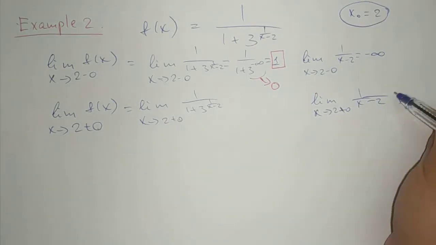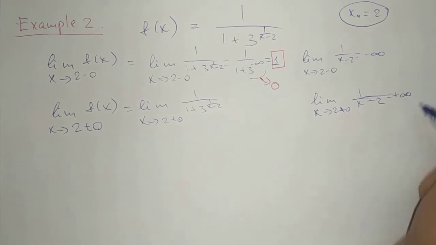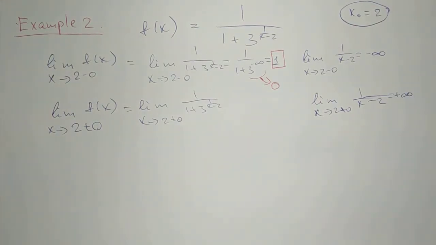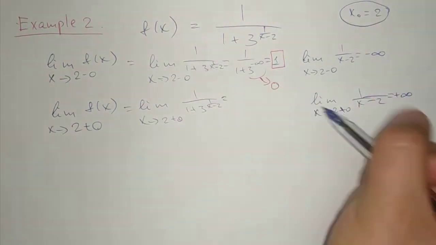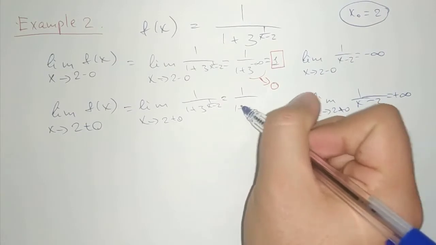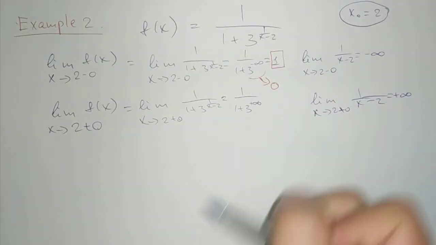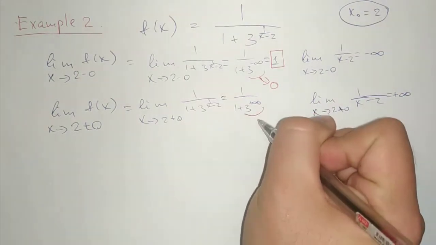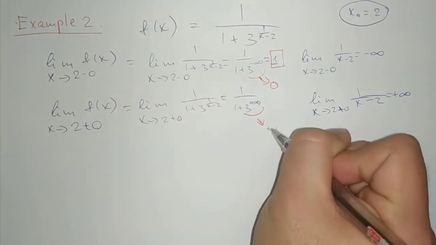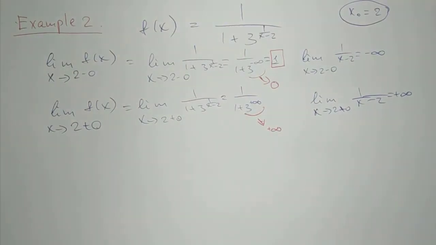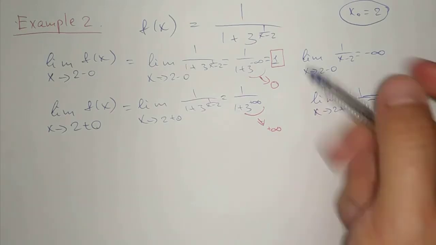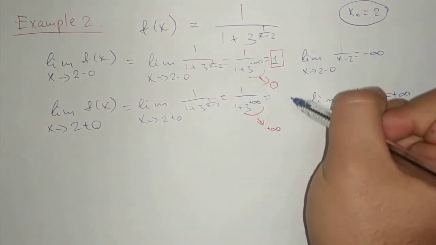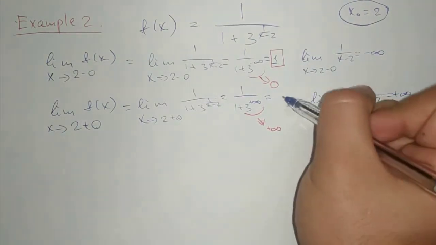It is now equal to plus infinity. So we get 1 over 1 plus 3 to the power of plus infinity. 3 to the power of plus infinity goes to plus infinity, so we get 1 over infinity, or 0.